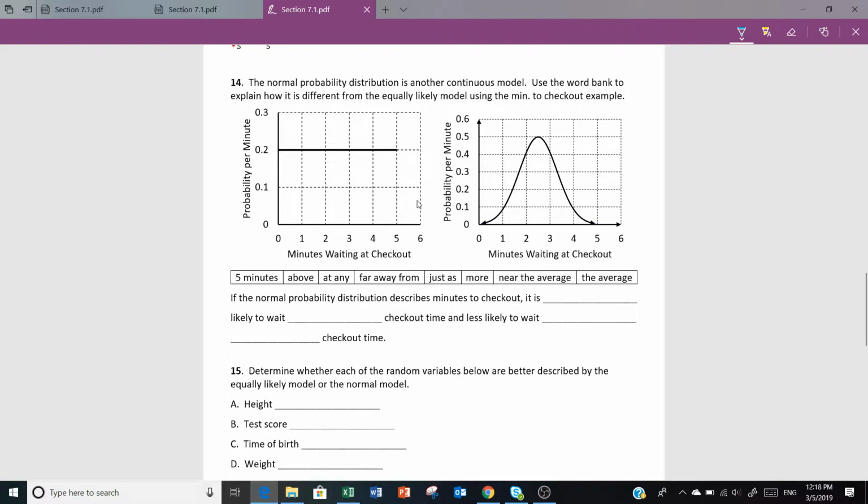So to fill in that statement, we have it is more likely to weight near the average and less likely to weight far away from the average.